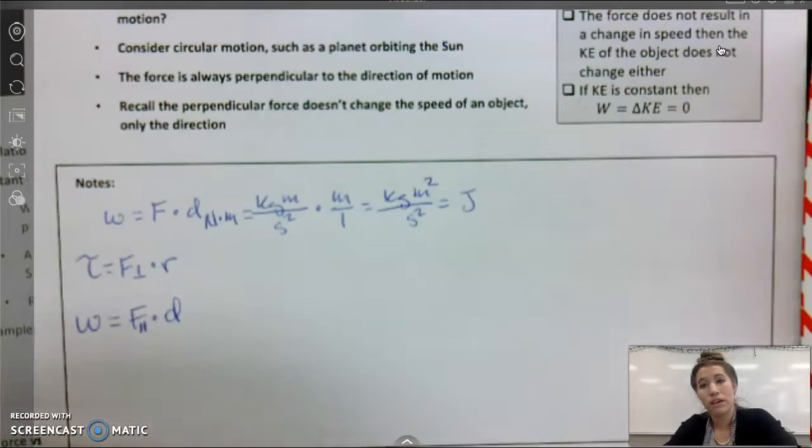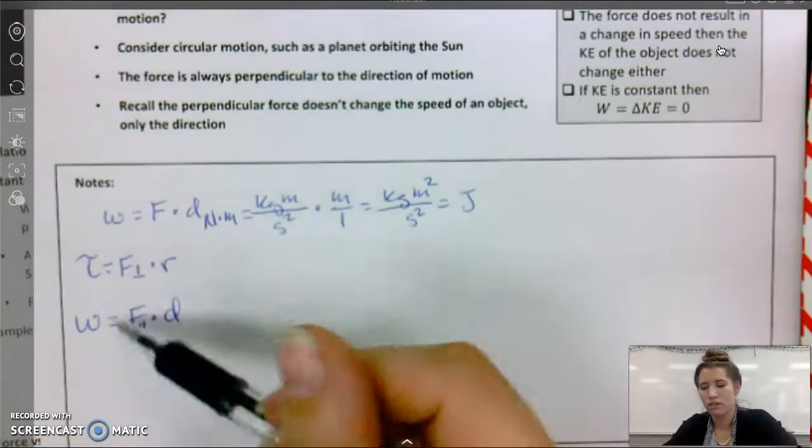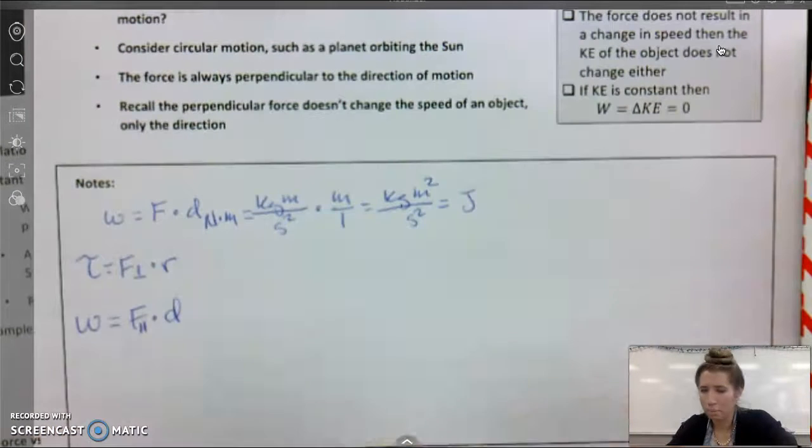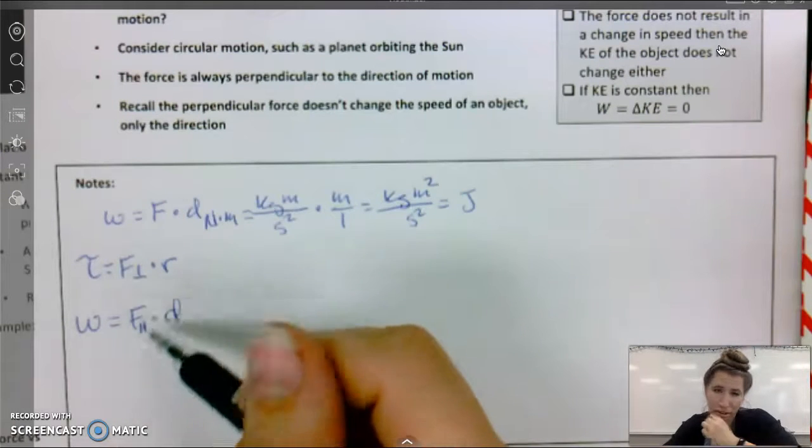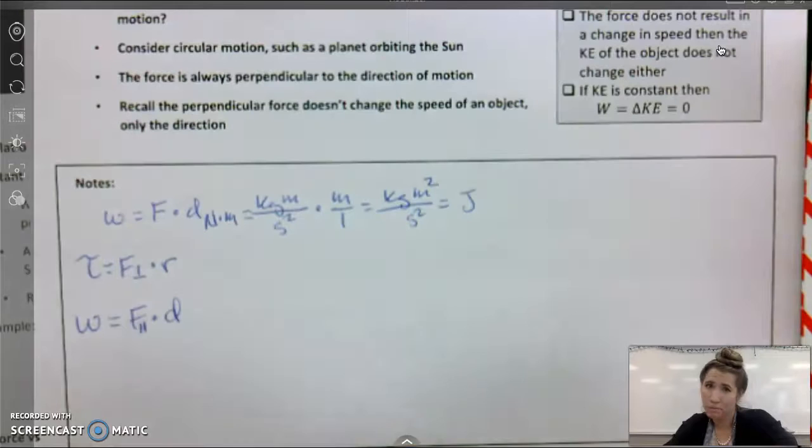Now, what you're going to encounter in this class is that each time I'm going to give you either the force, it's completely parallel, maybe it's completely perpendicular. In that case, the parallel component would be 0 and there wouldn't be any work done. So be mindful of that.